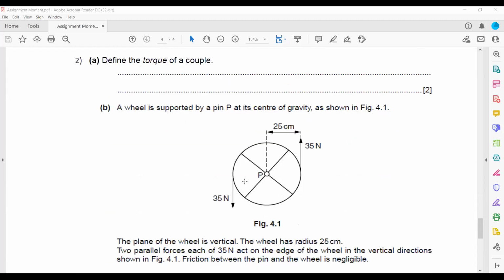Then another question: how do we define the torque of a couple? What is the meaning of the torque of a couple?